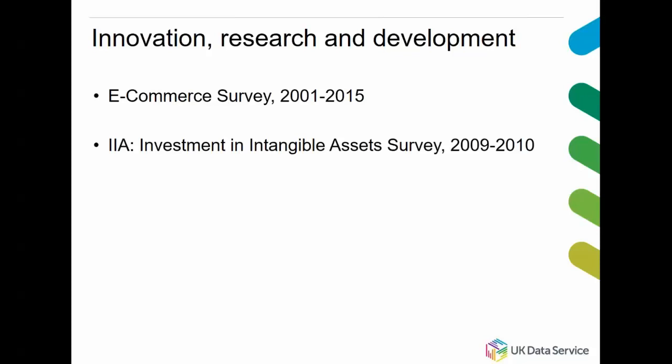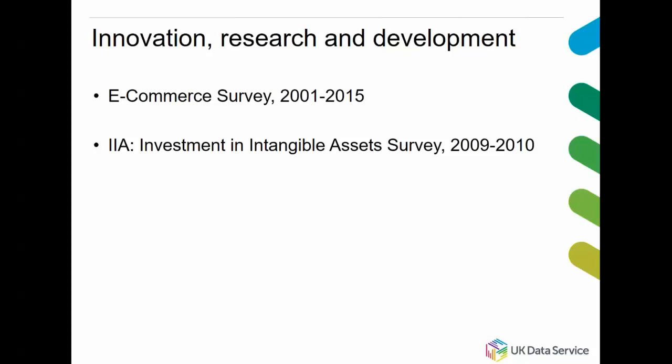We then have the IIA, the investment and intangible assets survey. This is UK businesses in the production and service sectors with 10 or more employees and registered for VAT and/or PAYE. It covers approximately 840 to 1,180 businesses, and as well as R&D, a wider range of intangibles such as training, software, branding, design, business processes, etc. are also covered.